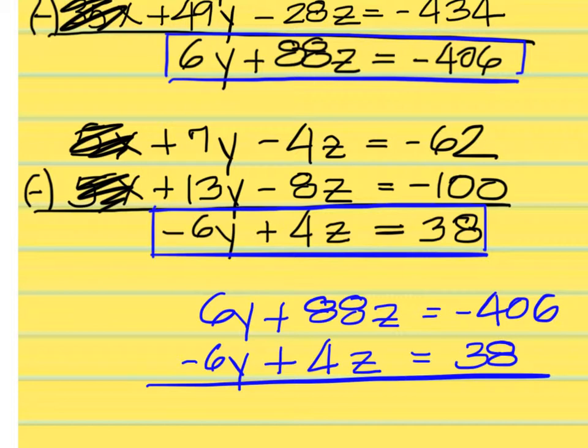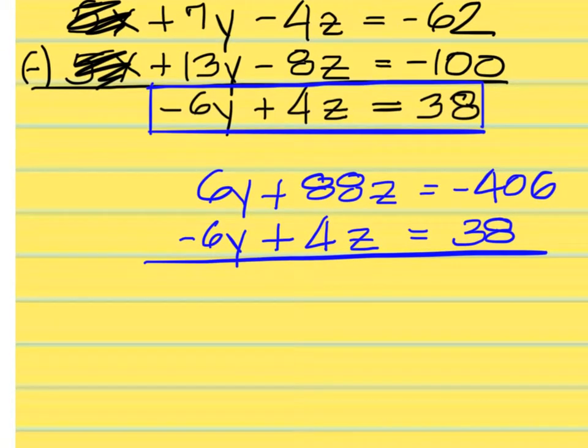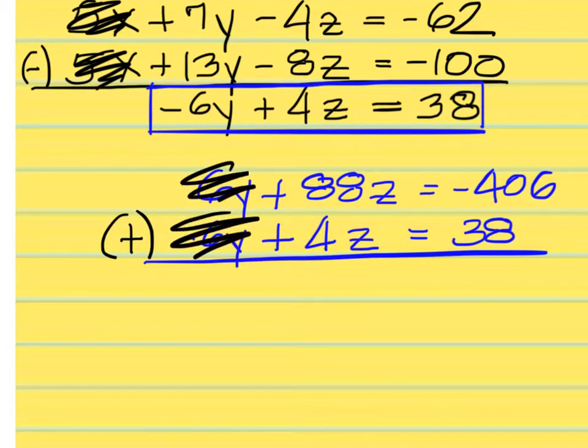In order to get a 0 from doing something with 6y and negative 6y, would I subtract them or add them? You would have to add them. So if we add those together, the 6y and negative 6y are gone. And then we're left with 92z equals negative 406 plus 38.